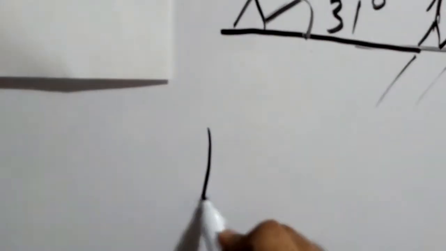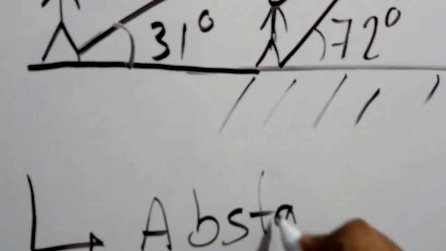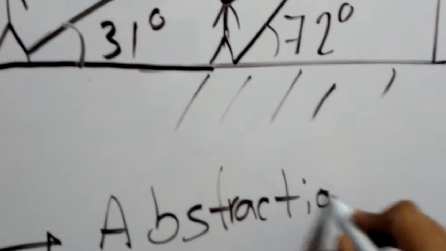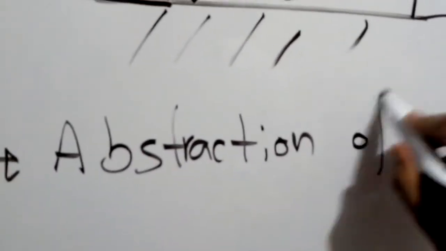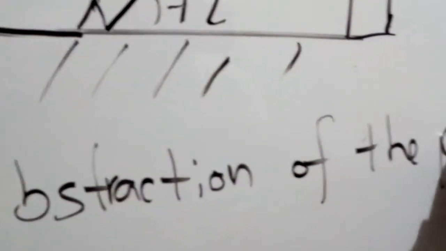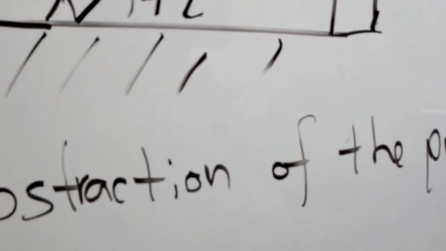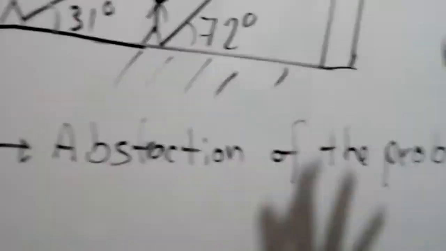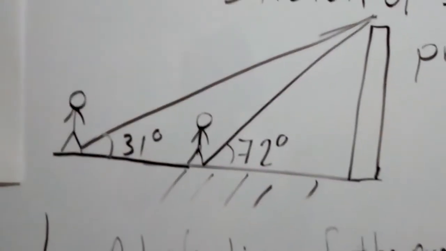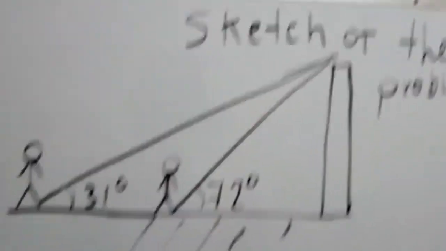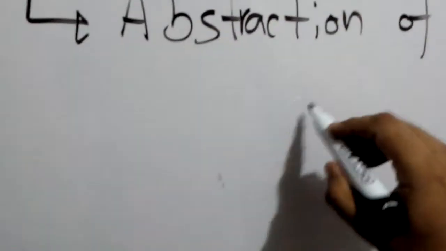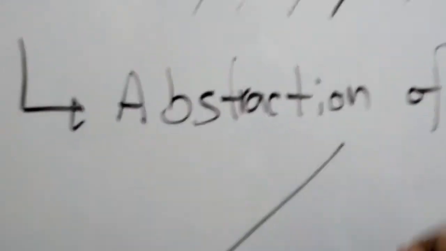And from this sketch of the problem, you can get an abstraction of the problem. What is this abstraction? Well, we take the mathematical concepts, the mathematical objects from this sketch, and make a mathematical problem of it.